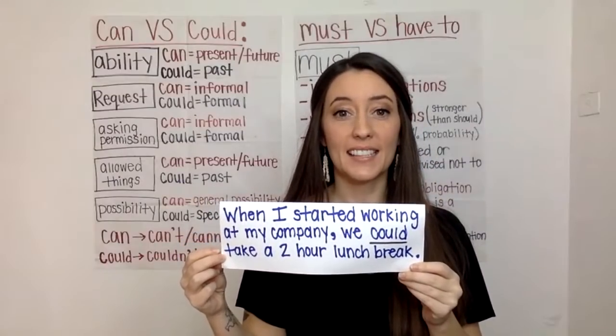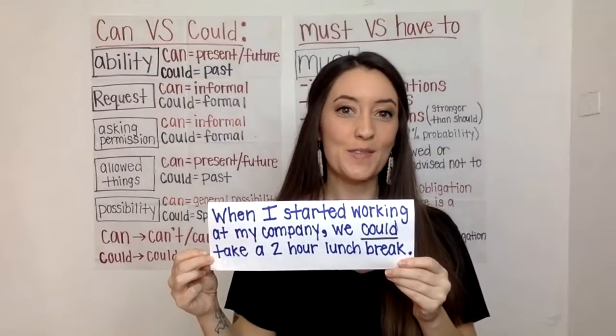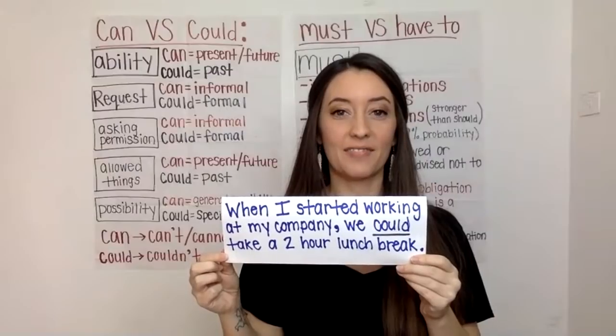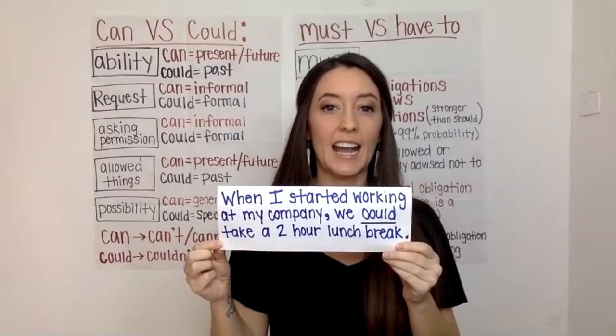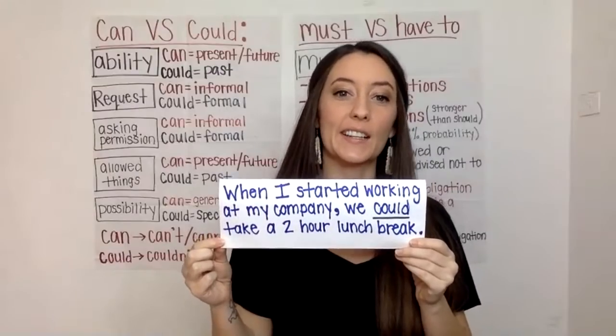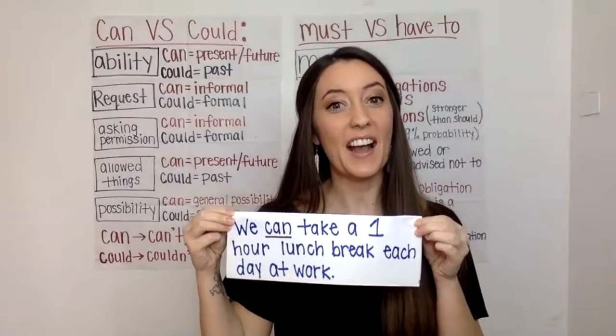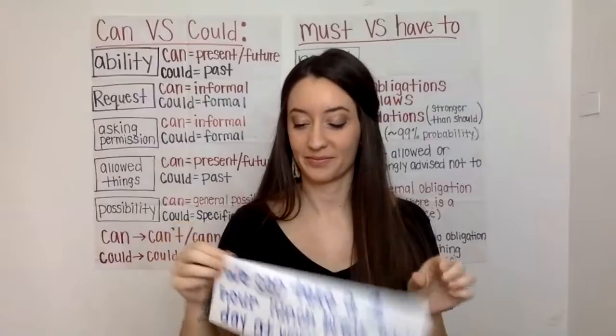So this is in the past tense. So 2 years ago, we were allowed to take a 2 hour lunch break. When I started working at my company, we could take a 2 hour lunch break. But now we can only take a 1 hour lunch break.